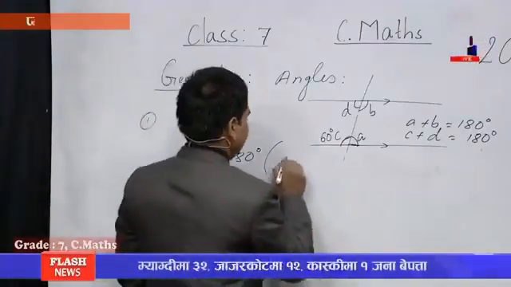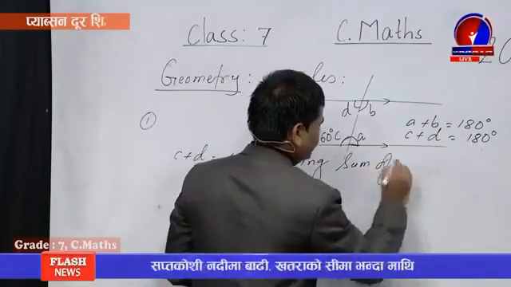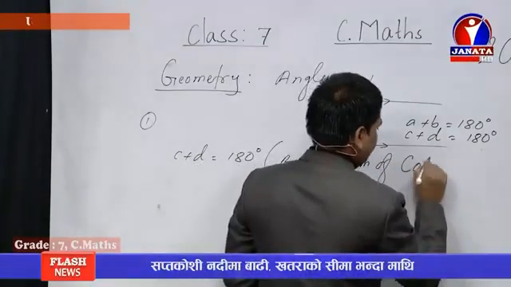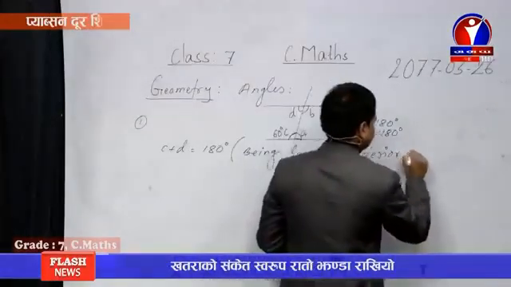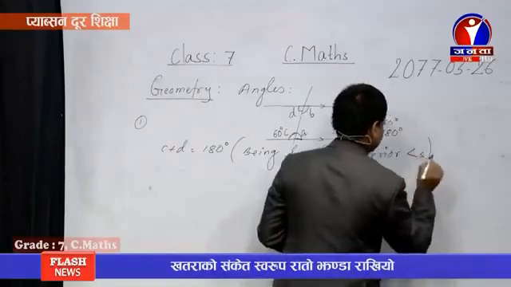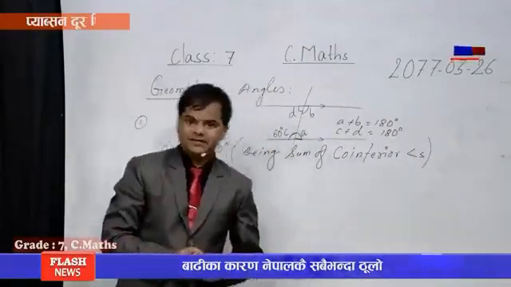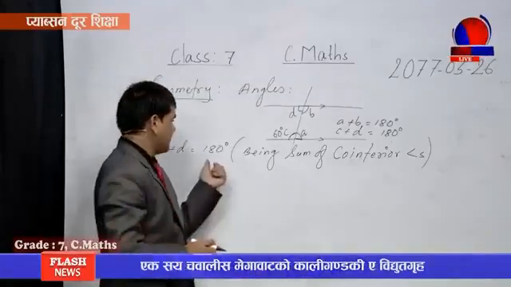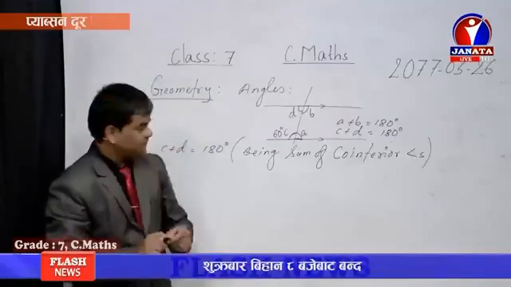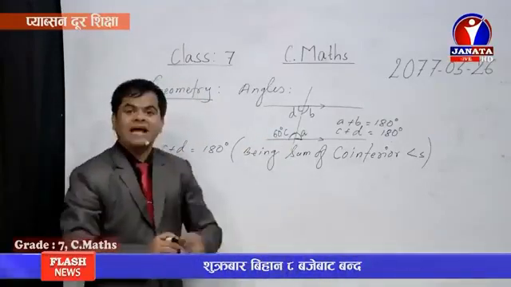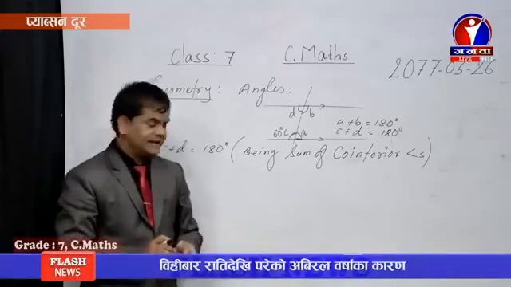So what do we write? Being sum of co-interior angles. Okay, angles we can write in this way also, in the short form, angle, and if you add s there, it will be in the plural form. So being sum of co-interior angles, and I have assumed, dear student, the measurement of angle C as 60 degrees.